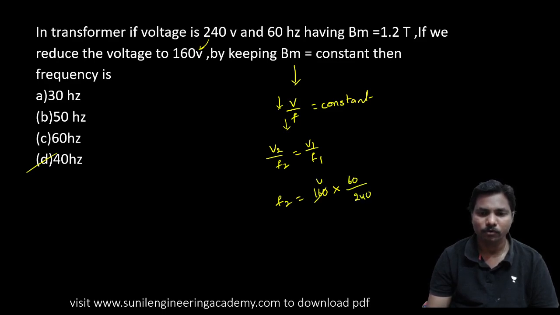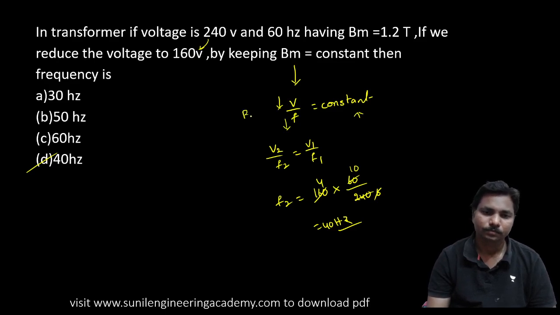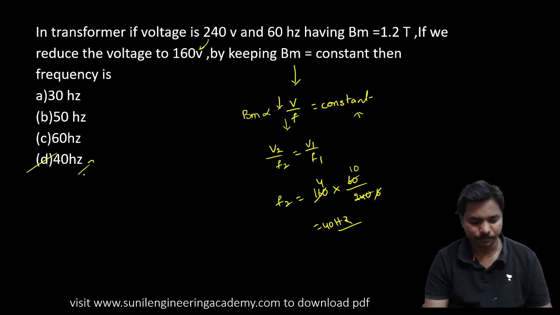That gives 40 hertz. Or simply, as voltage decreases, frequency also has to decrease to maintain the constant ratio. So 40 hertz.